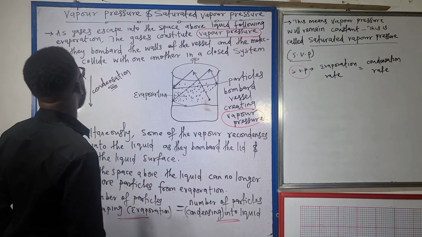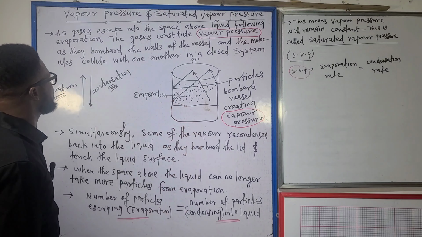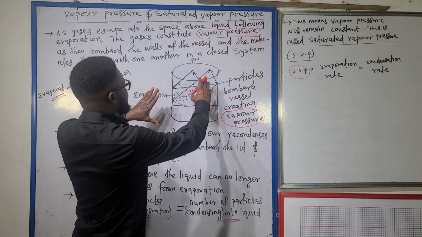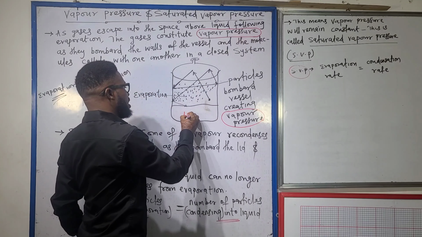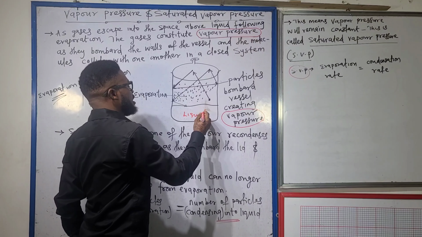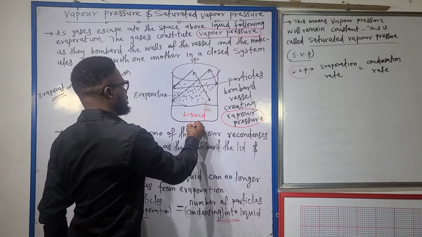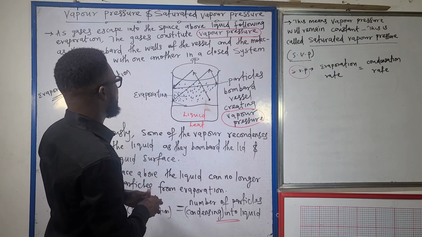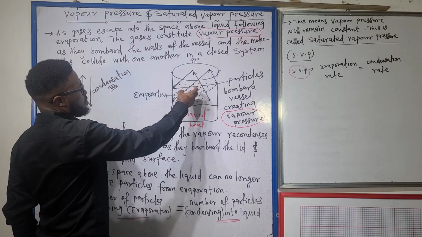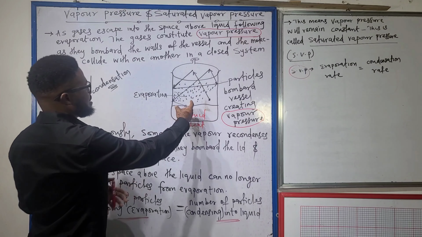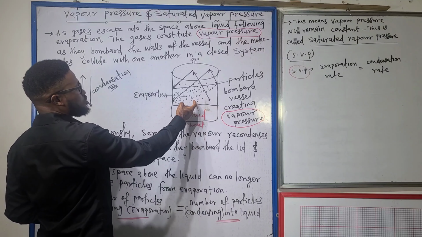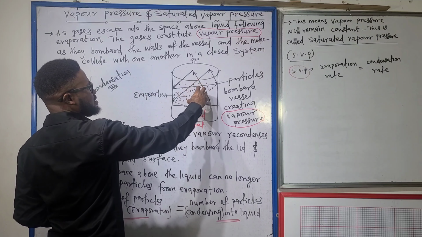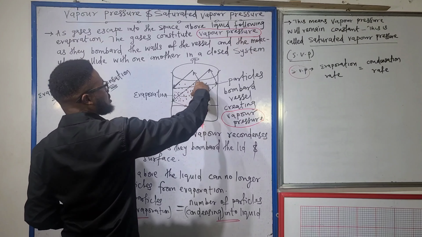Moving on now, we talked about evaporation. Now, let's assume that we have a system like this where this is our liquid here. Once it is subjected to heat, what happens is that the particles evaporate. Now, let's assume that as the particles of liquid change to gas, those particles of gas are not able to escape.